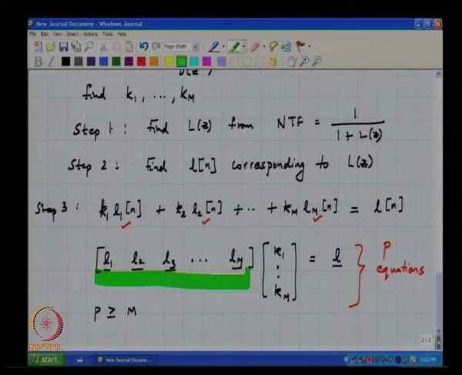If the poles have not been chosen according to e to the power pk equal to zk, this will not happen. You understand?